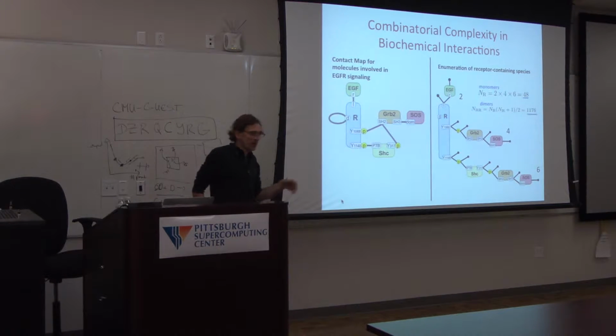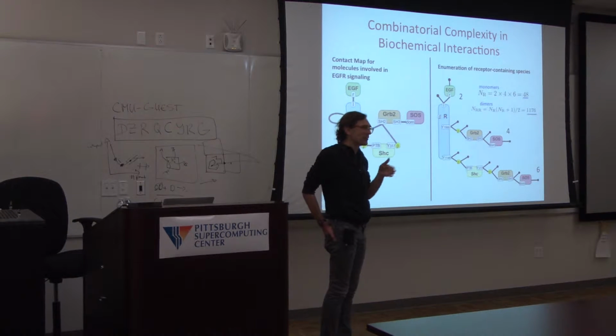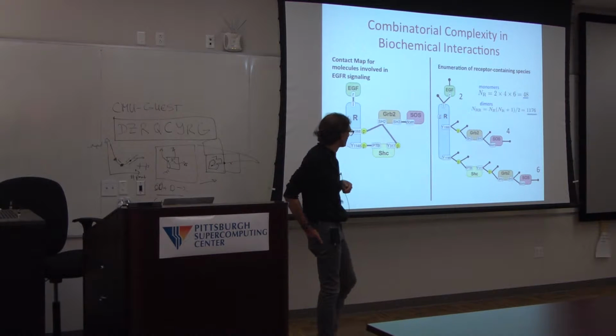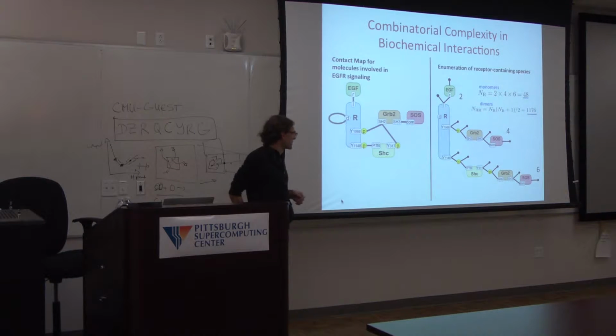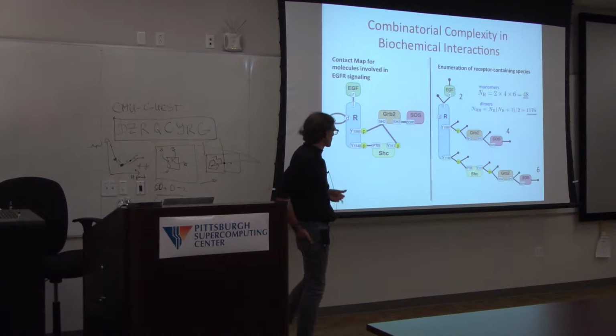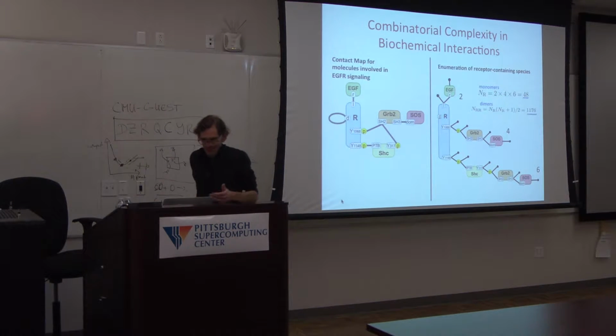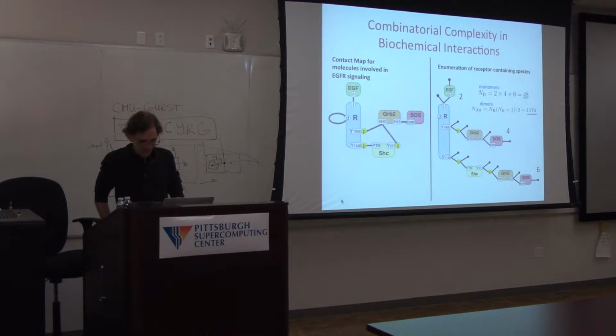And then every week we would meet and discuss the reactions that we had come up with and argue about whether there should or should not be a factor of 2 in front of this reaction or that reaction. And the problem was that this process didn't converge. And so some of us got impatient and started writing computer programs to do it. And those were more accurate than we could do on pieces of paper.